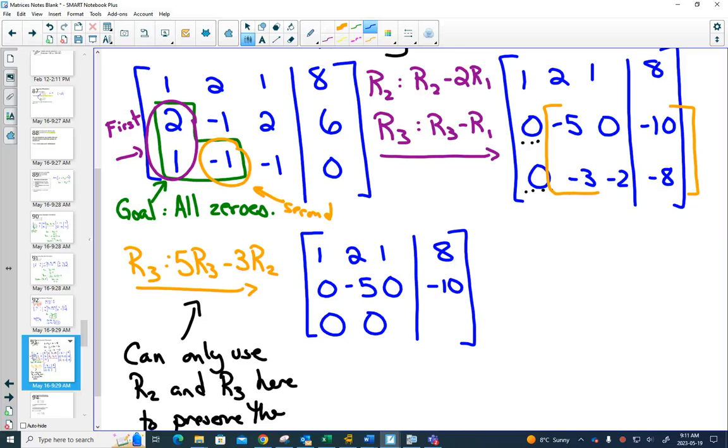And 5 times row 3 will be negative 10 minus 0, this will be negative 10. Negative 40 plus 30 makes that negative 10.